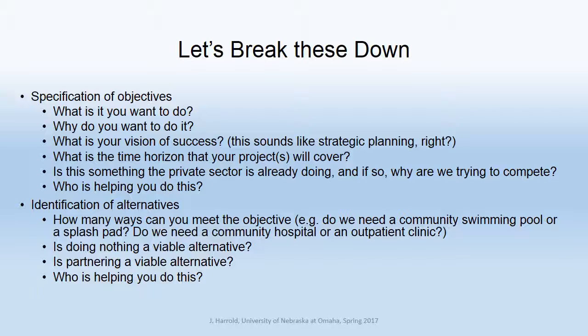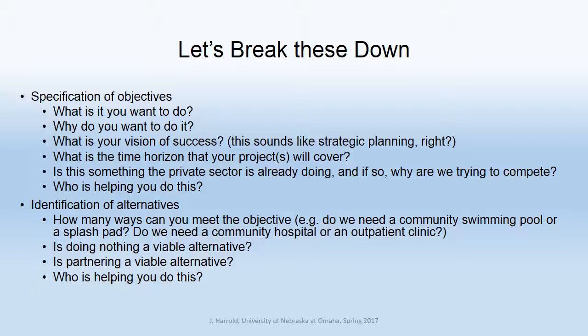And then the next step is identification of alternatives. For example, how many different ways can you meet the objective? So for the swimming pool example, can we build a splash pad, or do we need a competition-sized swimming pool? I mean, they're both viable, but you have to think about the objectives you're really trying to achieve and how your alternatives fit into your objectives.